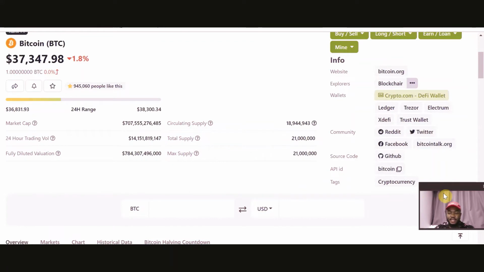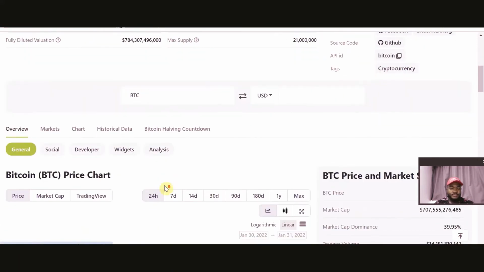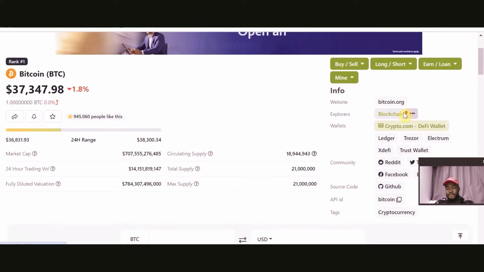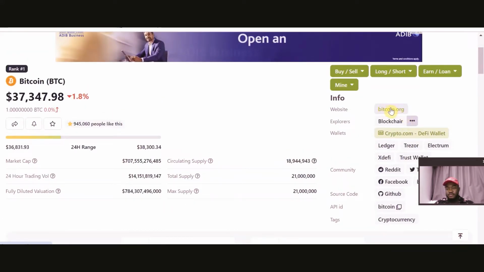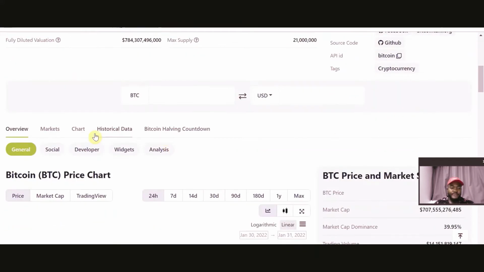And you will also see the websites of this asset. See, here is the website of Bitcoin, and the Facebook, what's happening, their Twitter handles, everything. You can find them here.